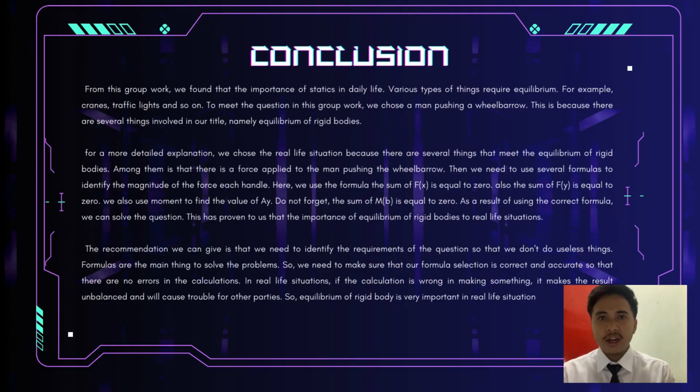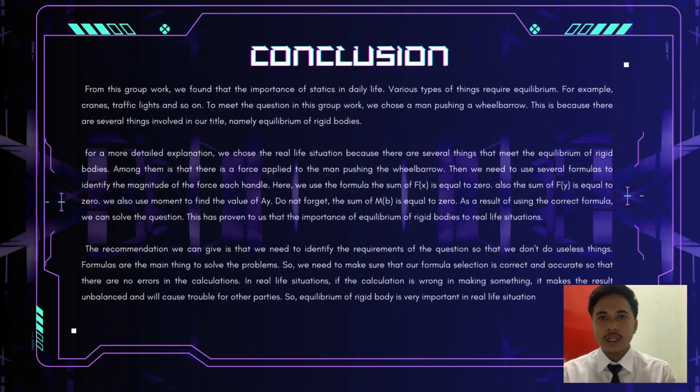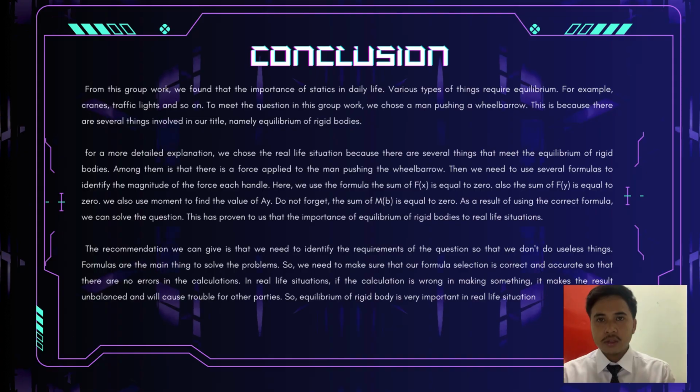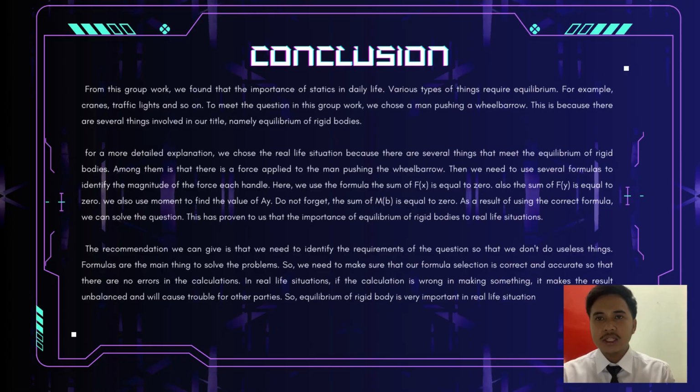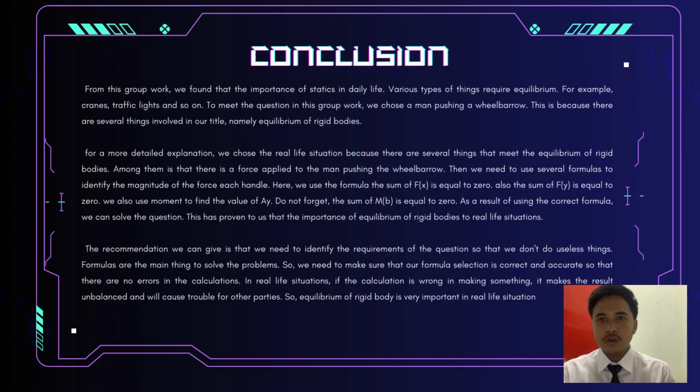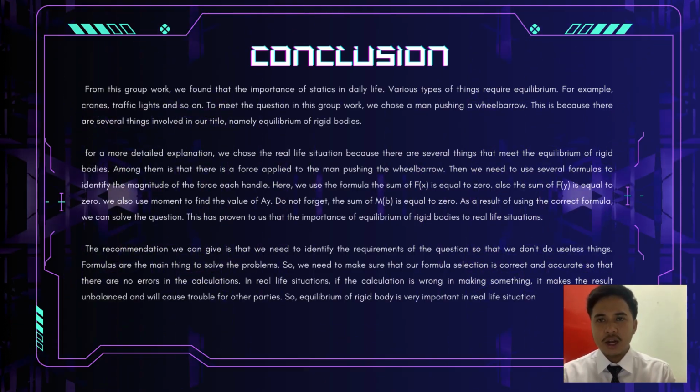In real life situations, if the calculation is wrong in making something, it makes the result unbalanced and will cause trouble for other parties. So, equilibrium of rigid bodies is very important in real life situations.